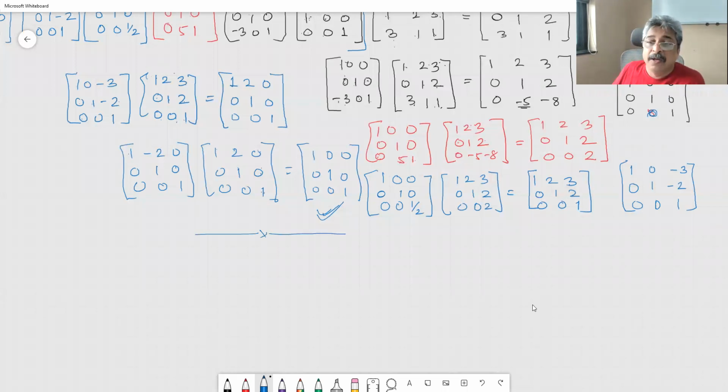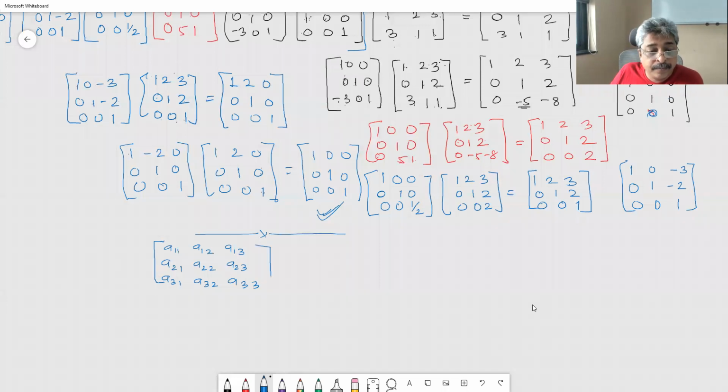Now, suppose you have a 3 by 3 matrix A11, A12, A13, A21, A22, A23, A31, A32, A33.